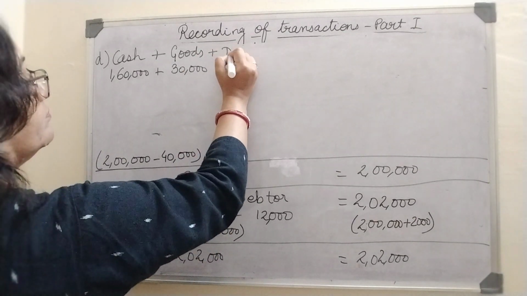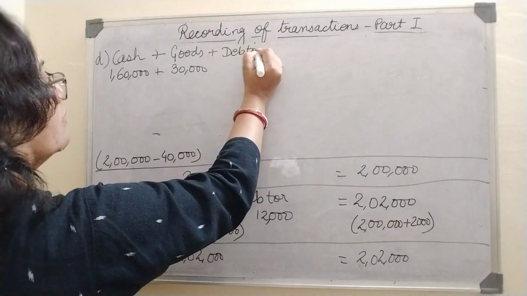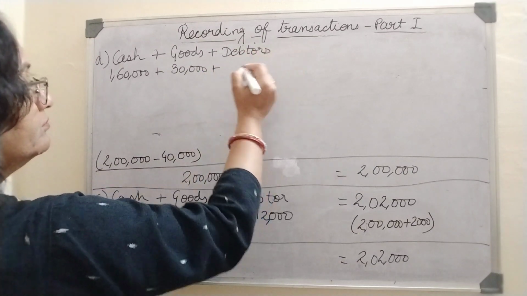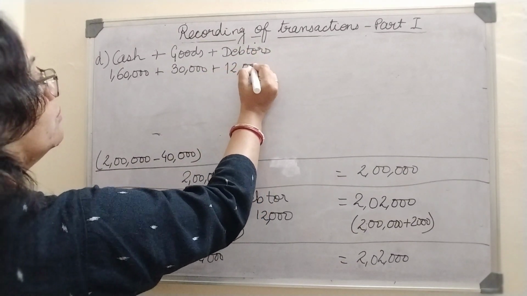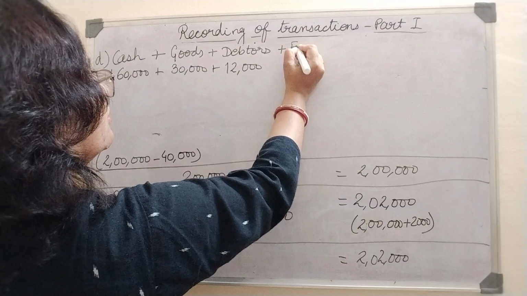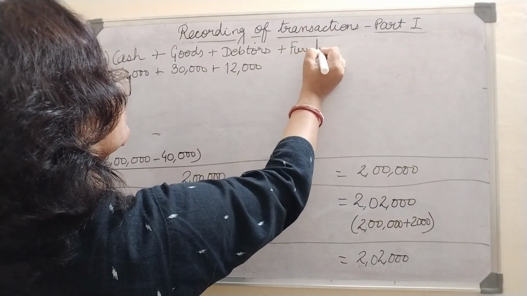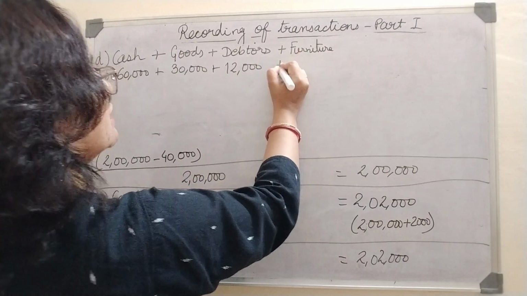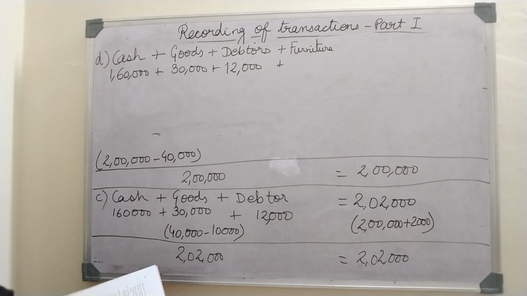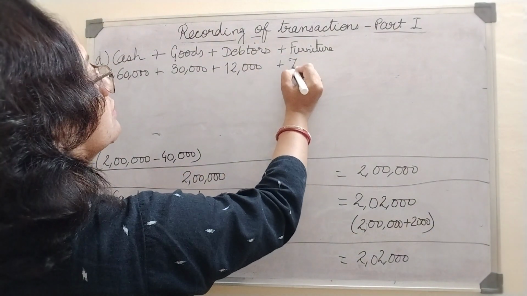Debtor also remain the same, 12,000. What is added now? Furniture. Furniture is also my asset. And the furniture is for how much? 7,000.